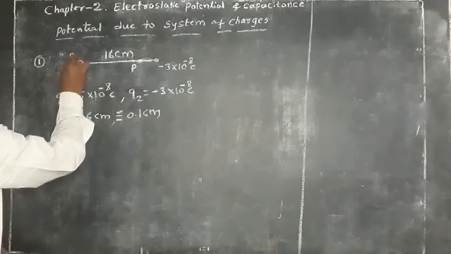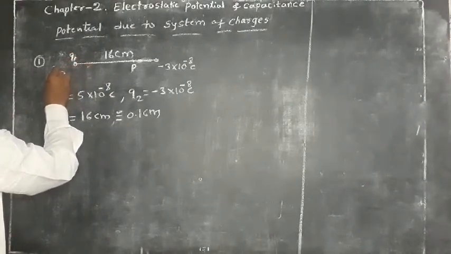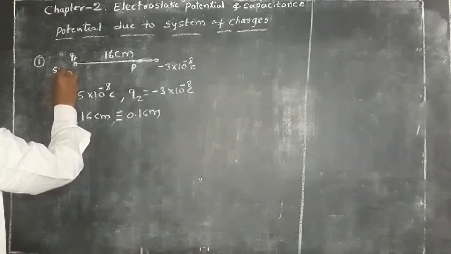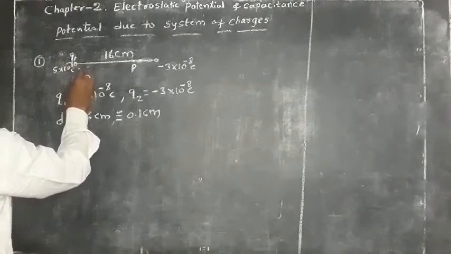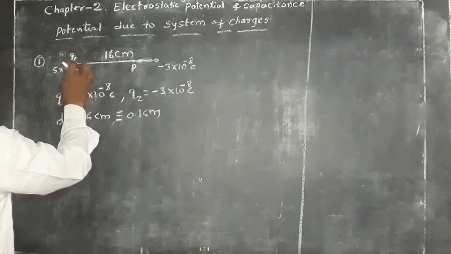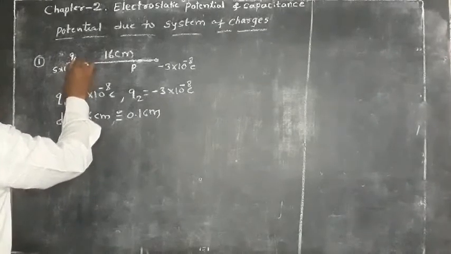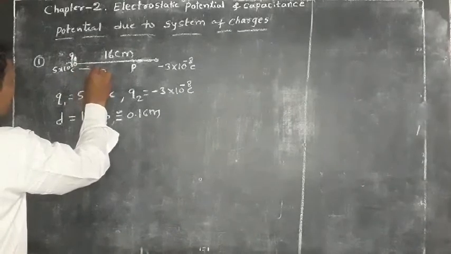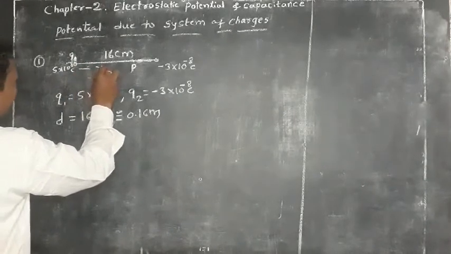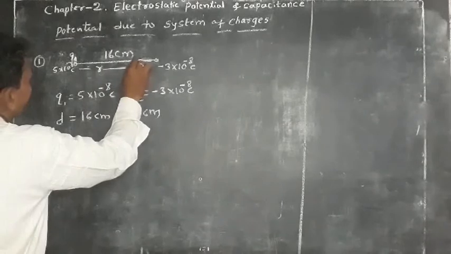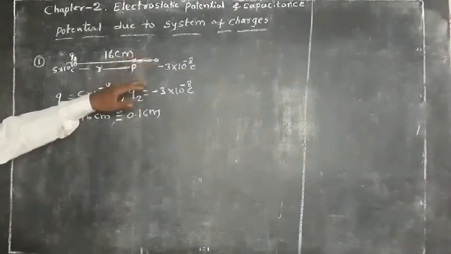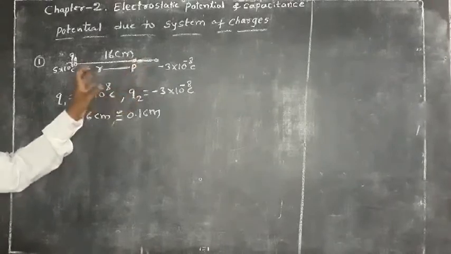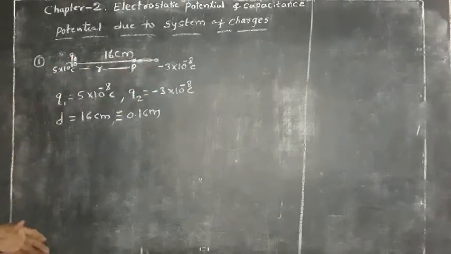Let this be charge Q1, and magnitude of charge is 5 into 10 to the power minus 8 coulomb, and the distance between this charge Q1 and P is r. r be the distance of the point at which potential is 0. We have considered this point at which potential is 0.